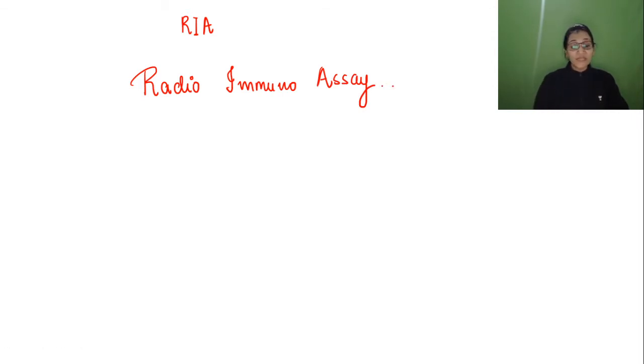I've even seen in question papers the option given is radial immunoassay. It's not radial, it is radioimmunoassay. So we'll be discussing all the small words of the topic. First of all, we'll be talking about immunoassay. That is why the name given is immunoassay.